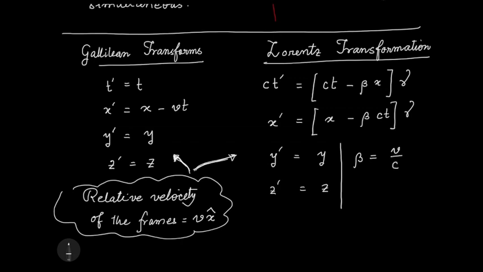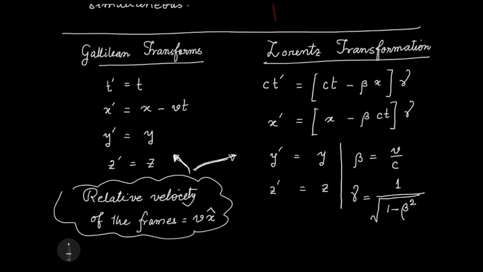So beta is v by c, and gamma is something odd looking, 1 over the square root of 1 minus v square by c square. So I can write beta square also. So these are the Lorentz transformation rules. Okay, these can be derived from the two postulates that we have discussed, but we will not do the derivation. It is quite involved and it's not suitable to be done for this particular course.